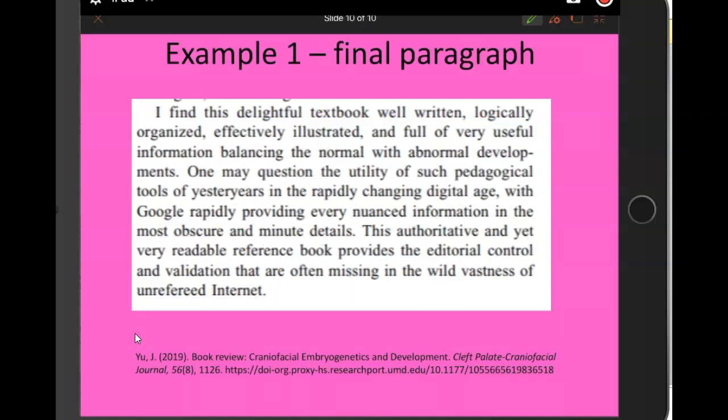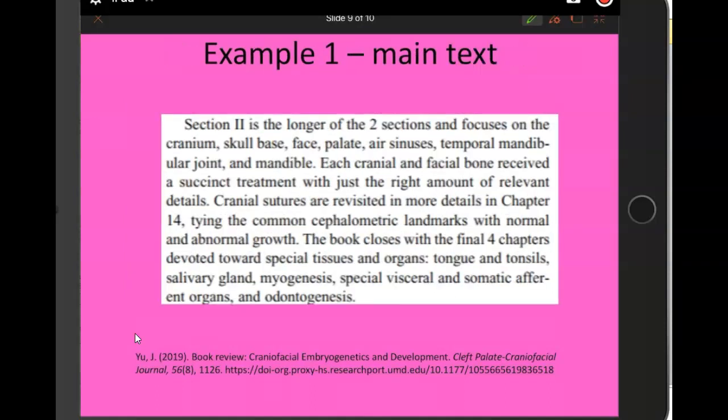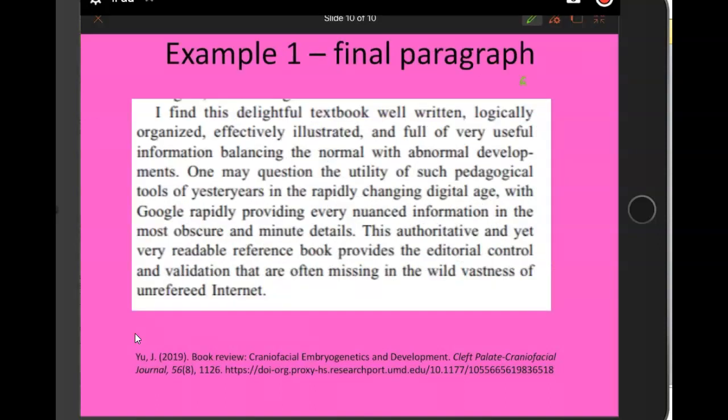Okay, and then here comes the full assessment. The previous paragraphs are pretty descriptive rather than analytical, and that's okay because the assessment eventually comes here. And I find the assessment phrasing here just delightful. The author writes, I find this delightful textbook well written, logically organized, effectively illustrated, and full of very useful information, balancing the normal with abnormal developments.